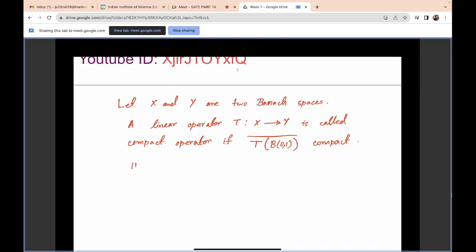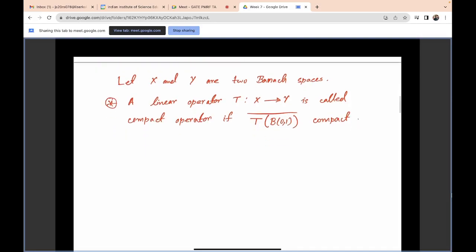What is the unit ball? This is basically all x in X such that the norm of x, the norm in the space X, is less than or equal to 1.